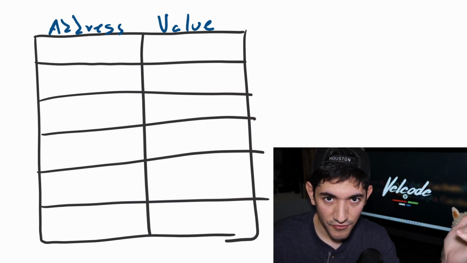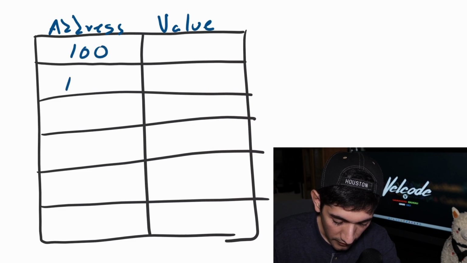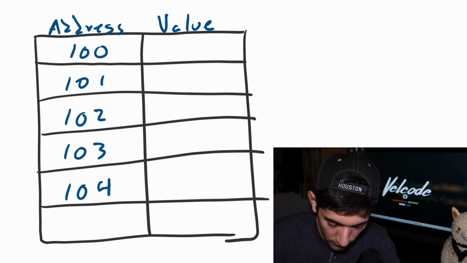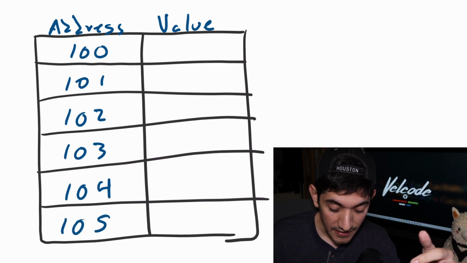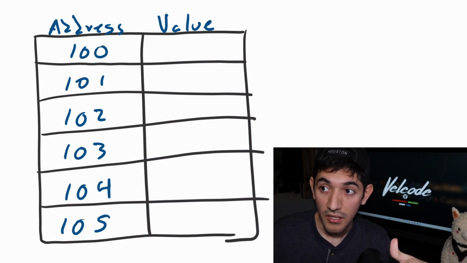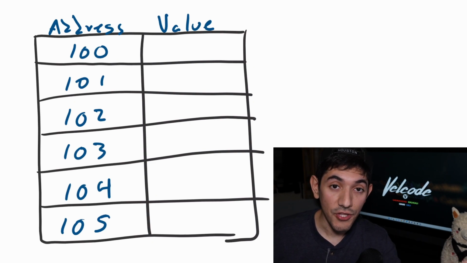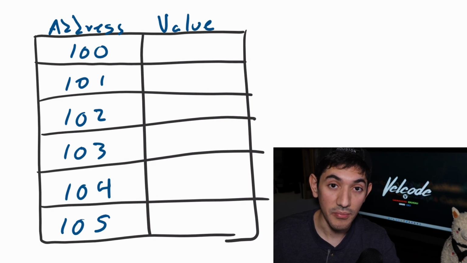So let's just say, just for the sake of this example, that we start at 100. So here we have 100, and then 101, and of course we have 102, 103, 104, all the way till we get to 105. Now the value that goes in that address, it could be anything. It could be 0, it could be 100, it could be 1,000. If you have a 32-bit system, then the highest value you can put in the value is the 32-bit value.